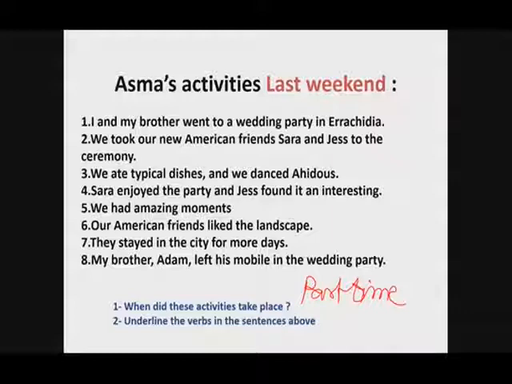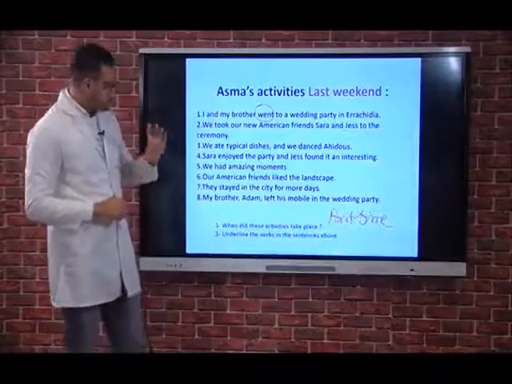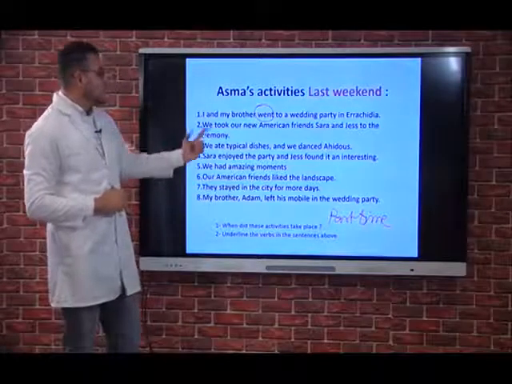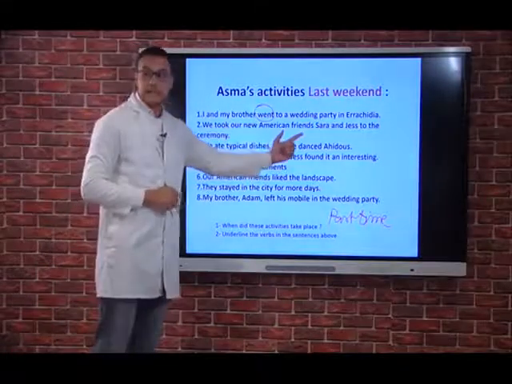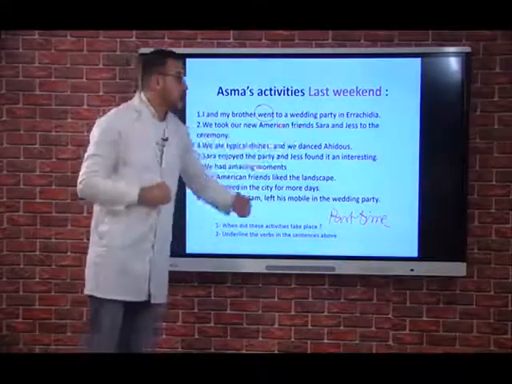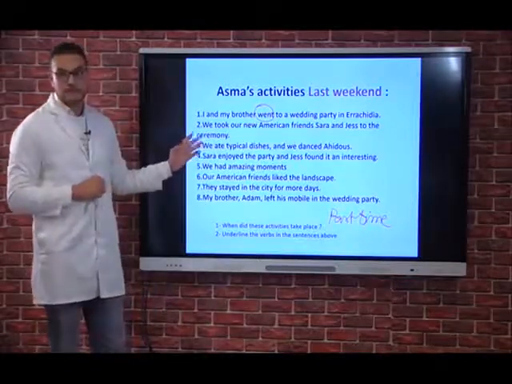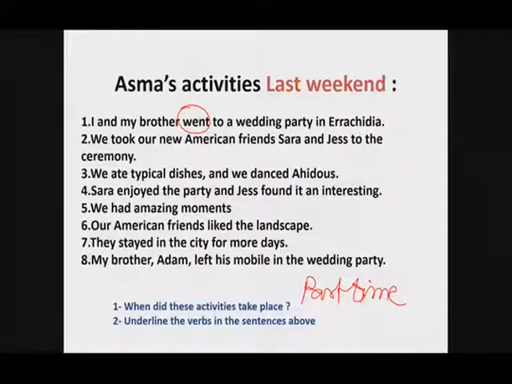The verb is the verb to go in the simple past, and we say went. 2, we took our new American friends, Sarah and Jess, to the ceremony. And we say the verb is to take, which takes the form of took in the simple past.